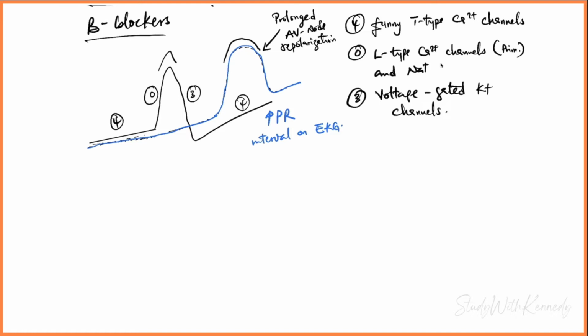We'll see more on this when we do the EKG. So PR interval represents the time between atrial depolarization and ventricular depolarization.